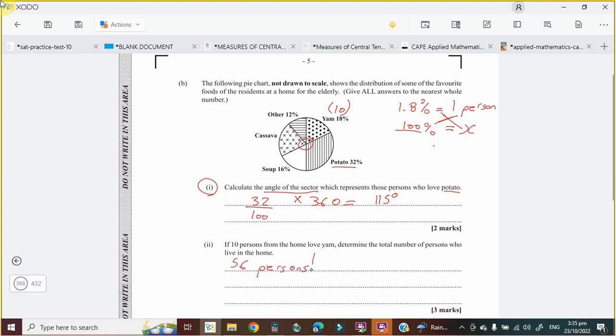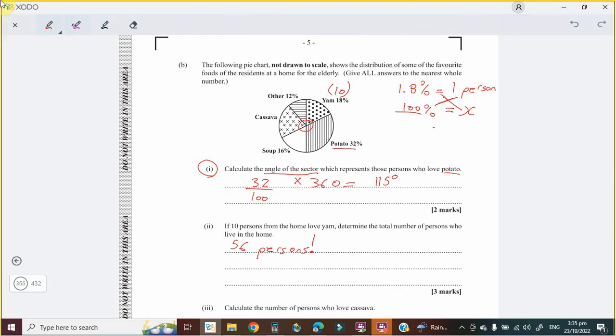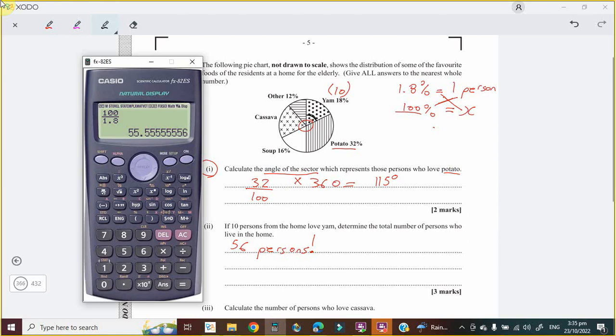Now, gentlemen, again, maybe Jaden wants to show off some skills, right? Because again, this is so boring. So what we can do is, of course, maybe you want to work with the sector angle. I'm just showing you different ways we can tackle it. So instead, if 18% is 18 over 100 times 360, and that is 18.